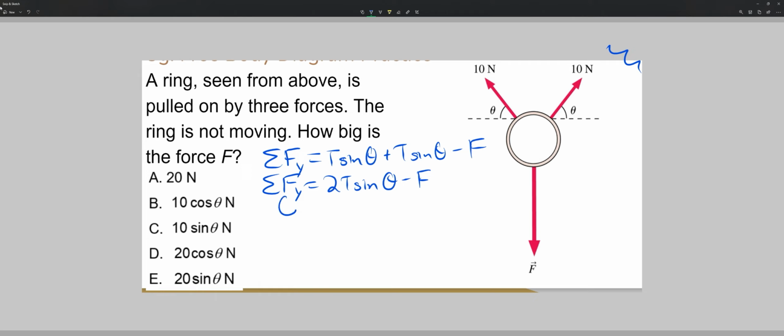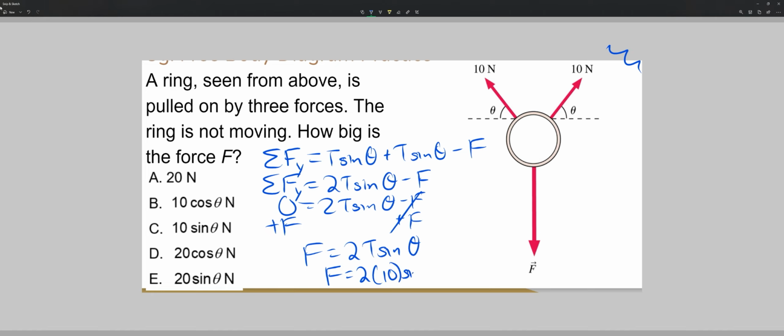Then you can say 0 is equal to 2T sine theta minus F, and then you add F on both sides. And then you get F is equal to 2T sine theta. Tension here is 10, so essentially you're doing 2 times 10 sine theta, and so you get 20 sine theta.